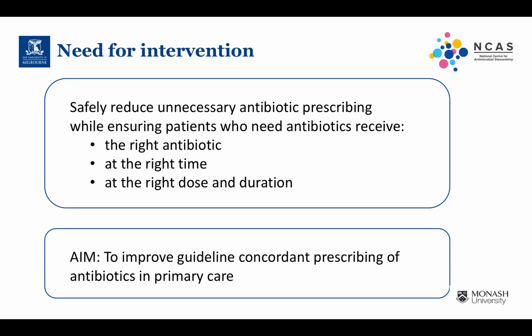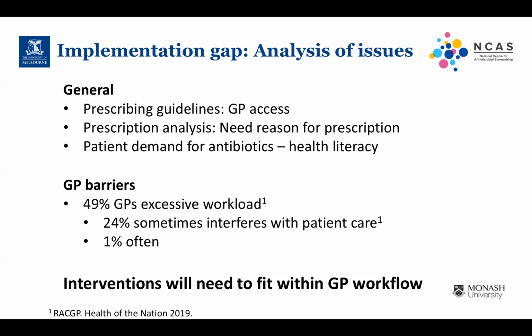So basically, our aim is to improve guideline concordant prescribing of antibiotics in general practice. If we do that, we'll reduce unnecessary prescribing and make sure patients get the right antibiotics at the right time.